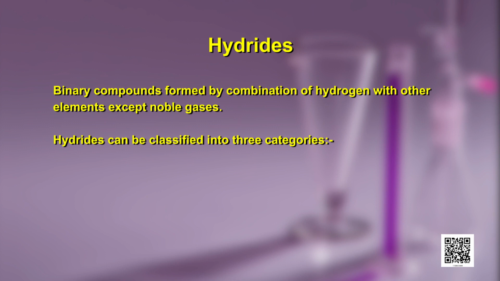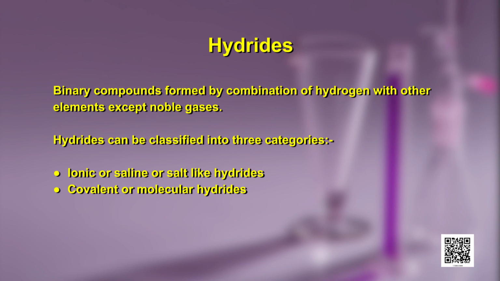Hydrides can be classified into 3 categories: the first category is ionic or saline or salt-like hydrides, the second category is covalent or molecular hydrides, and the third is metallic or non-stoichiometric hydrides. Now we will study all of these classes of hydrides one by one in detail. So, ionic hydrides first.